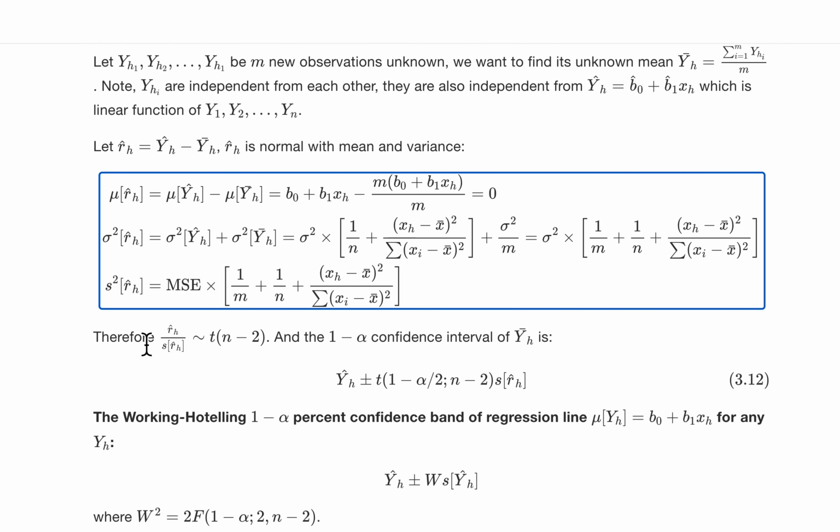So you can have multiple X_h, and you can get confidence intervals for all those multiple X_h responses with the Working-Hotelling confidence interval. I won't go into details, but it is introduced with the W term, where W squared is 2 times the F distribution with 2 and n-2 degrees of freedom.